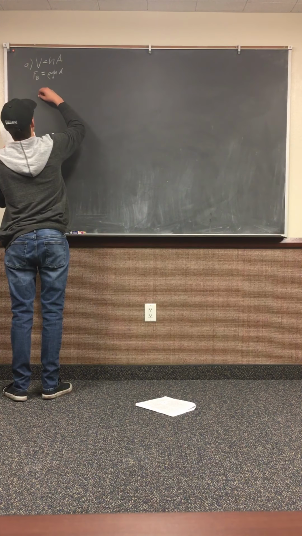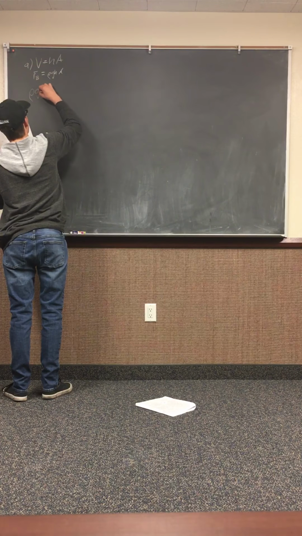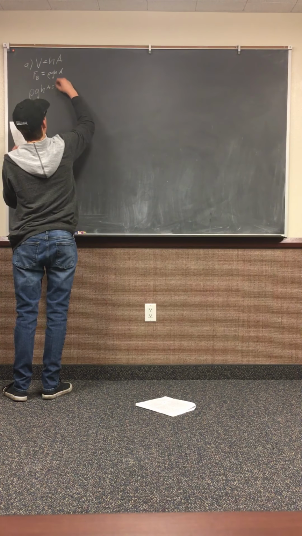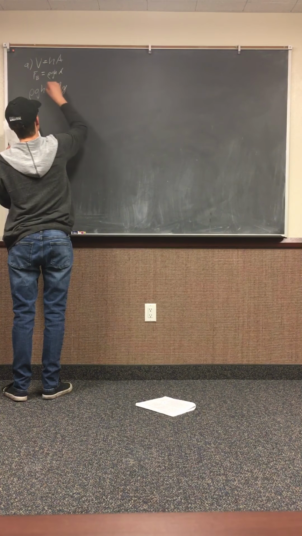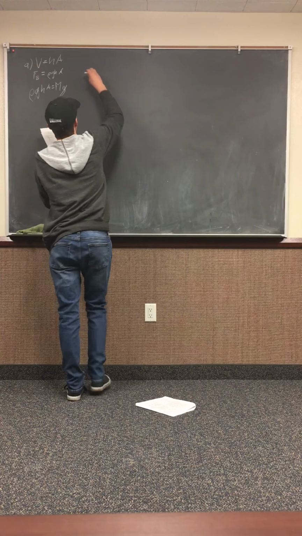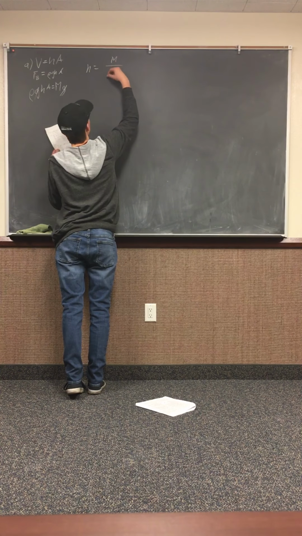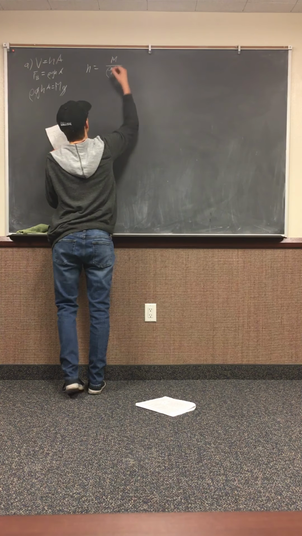So then we can say that rho g h times A is equal to mass times gravity. The gravities will cancel, and we'll get that our height is equal to mass divided by rho times A.